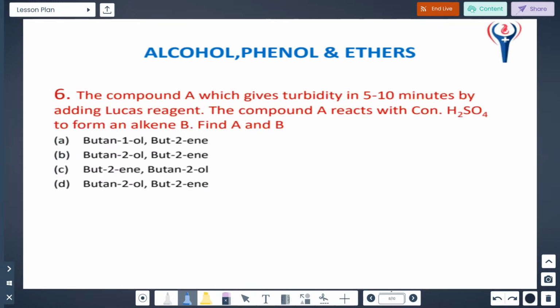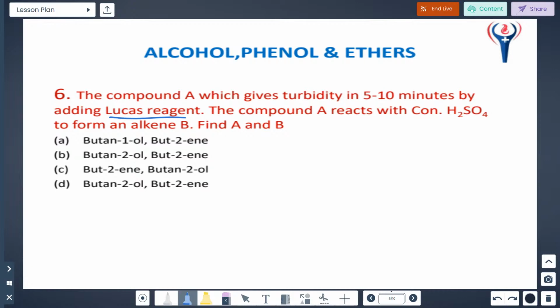The compound A gives turbidity in 5 to 10 minutes on adding Lucas reagent. The compound A reacts with concentrated sulfuric acid to form an alkene B. Find A and B. That's the question. Lucas test you must know. It is used to differentiate primary, secondary and tertiary alcohols. Lucas reagent is a mixture of concentrated HCl and anhydrous zinc chloride.